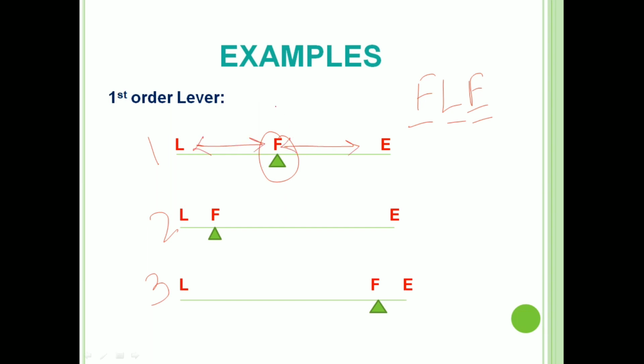So we can say this lever system is in equilibrium. Examples are weighing scales and measuring scales, which you have seen. Like if you go to purchase 1 kg sugar, they will balance the sugar and the weight, so that type of lever.